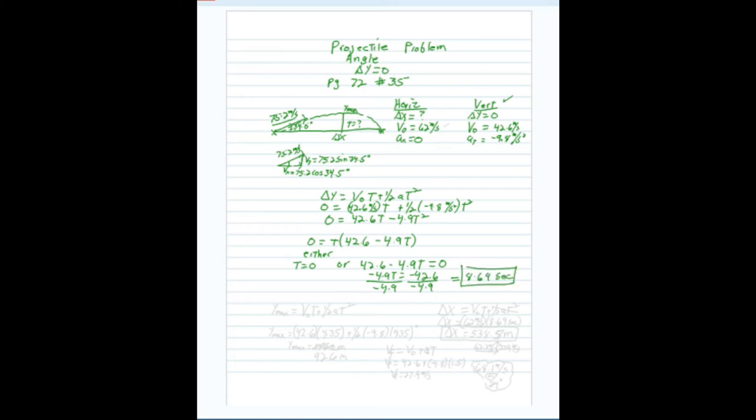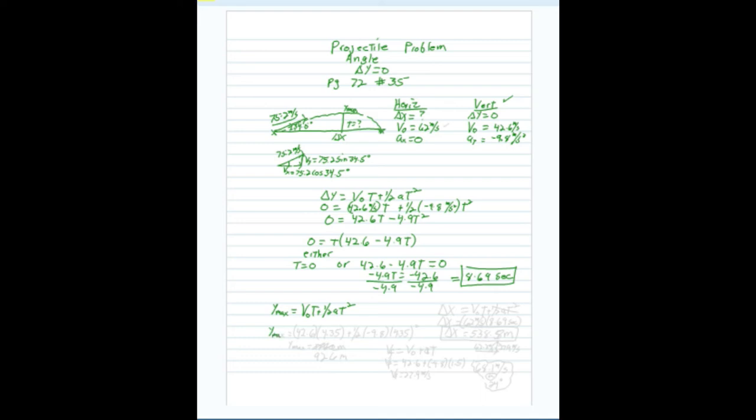Okay, now to find the maximum height. If it's on a level range, it's going to reach its maximum height at half of the full time. So we're going to use this equation again, but instead of plugging in 8.69 seconds for t, we'll plug in half of that, and that'll tell us what height it will be at that time.